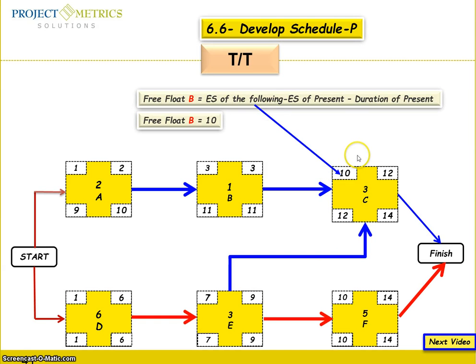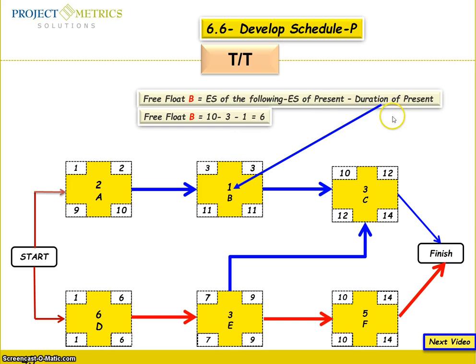For example, we want to see the free float of activity B. So you plug in the numbers: the early start of the following, 10, then the early start of the present, which is 3, and then the duration of the present, which is equal to 1. You come up with 6. That's all. That's it. You finish your equations.